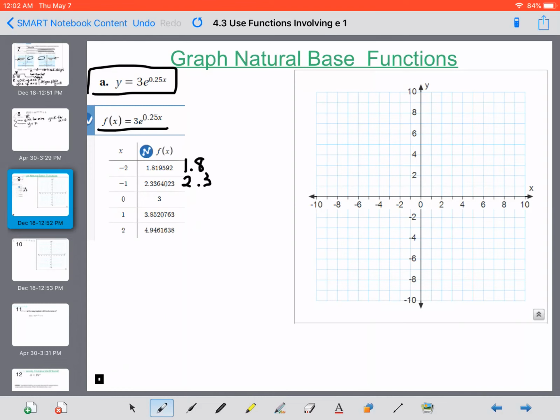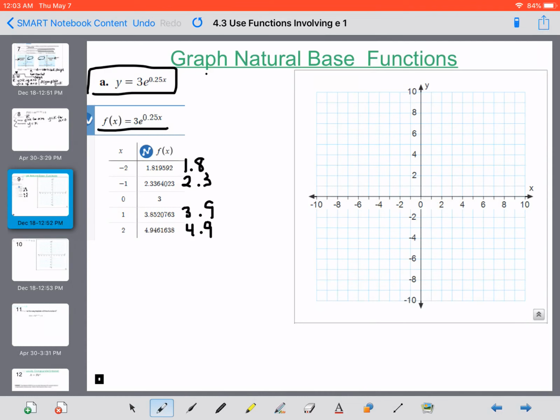When x is 0, y is 3. When x is 1, y is 3.9. When x is 2, y is 4.9. So really all you have to do is plot these points and graph.